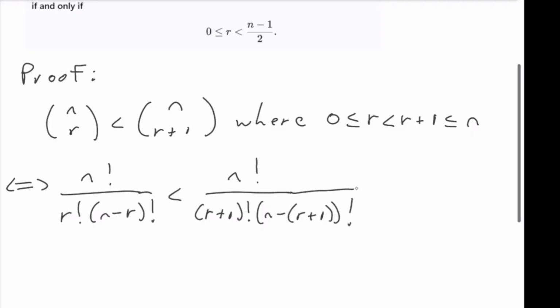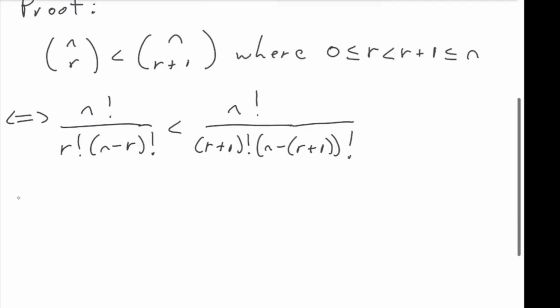Okay, so what I'm going to do next is, since everything is positive, right, n and r and all that is positive, I know this sign won't change if I multiply both sides by, n or r, right? So I'm actually going to multiply both sides of this inequality by the multiplicative inverse of the left-hand side.